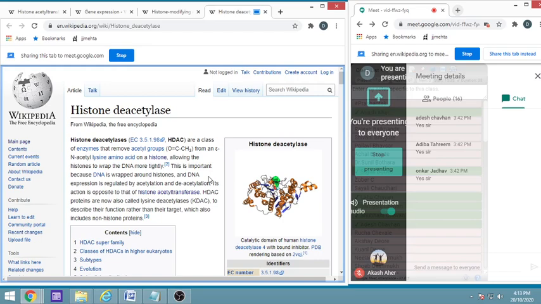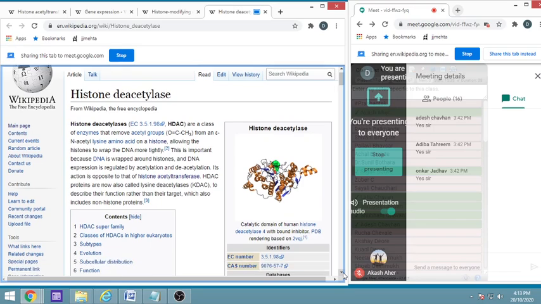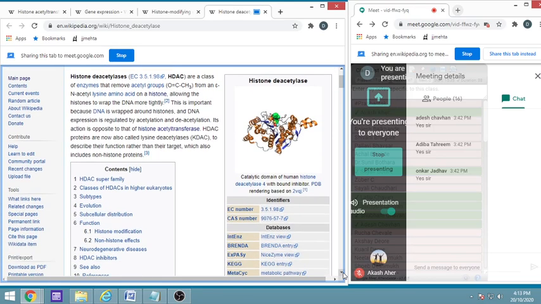DNA expression is regulated by acetylation and deacetylation. Whenever expression is required, it should be acetylated, and when it is not required, it should be deacetylated. This action is opposite to the histone acetyltransferases, and this is how there is a regulation.